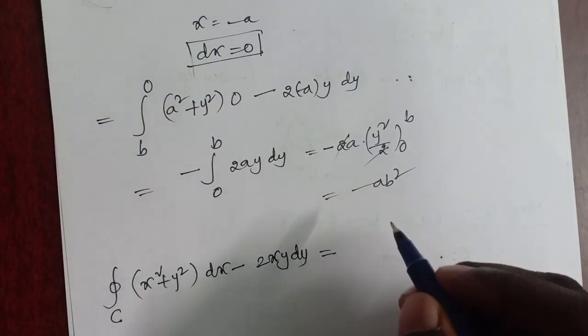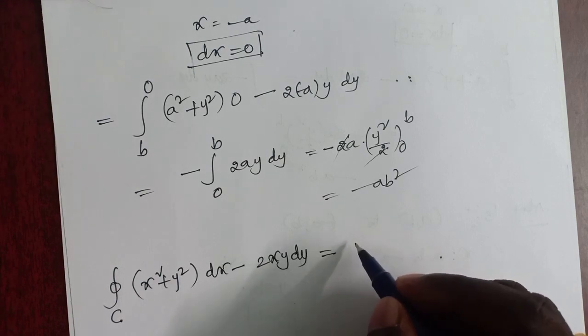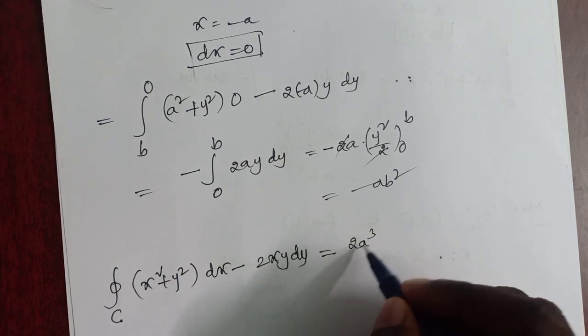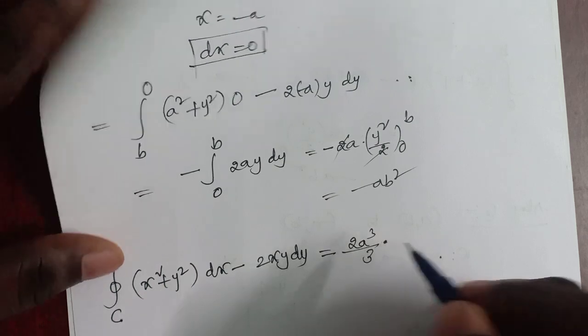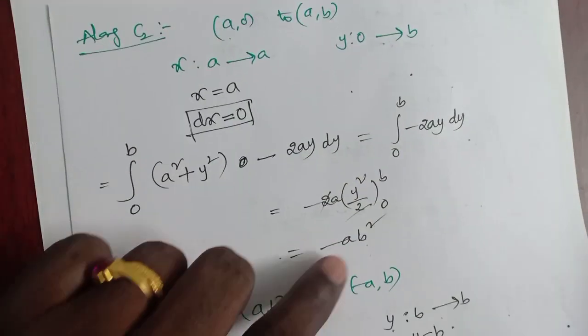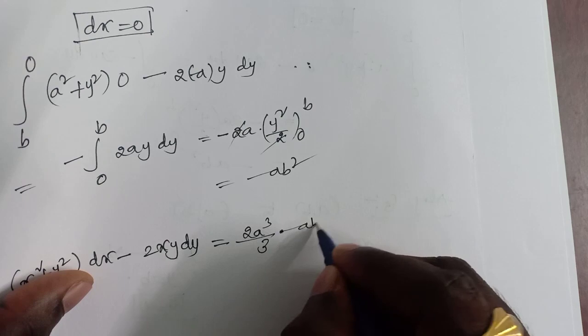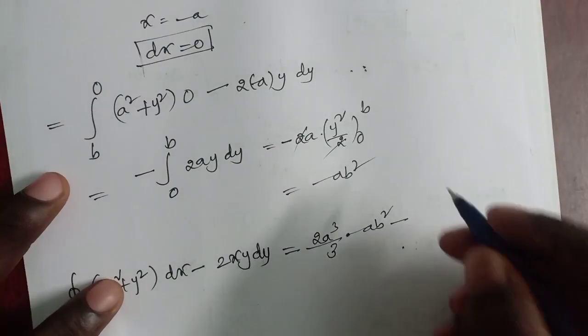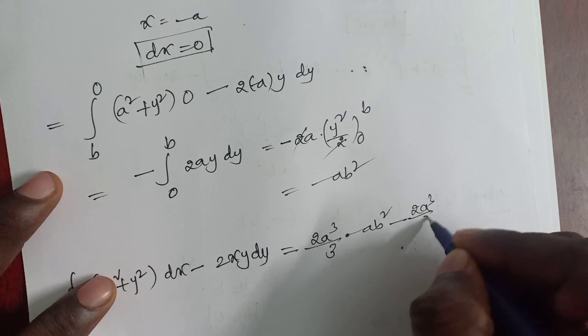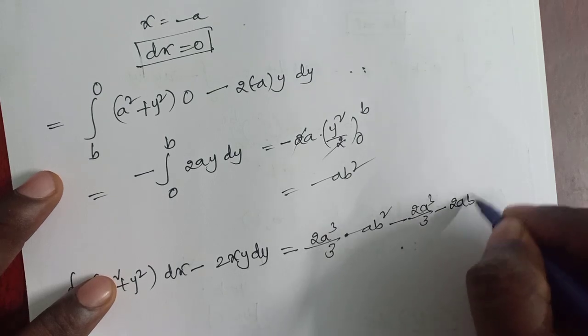The first one is 2a cube by 3, and the second one is minus ab square, and the third one is minus 2a cube by 3 minus 2ab square.